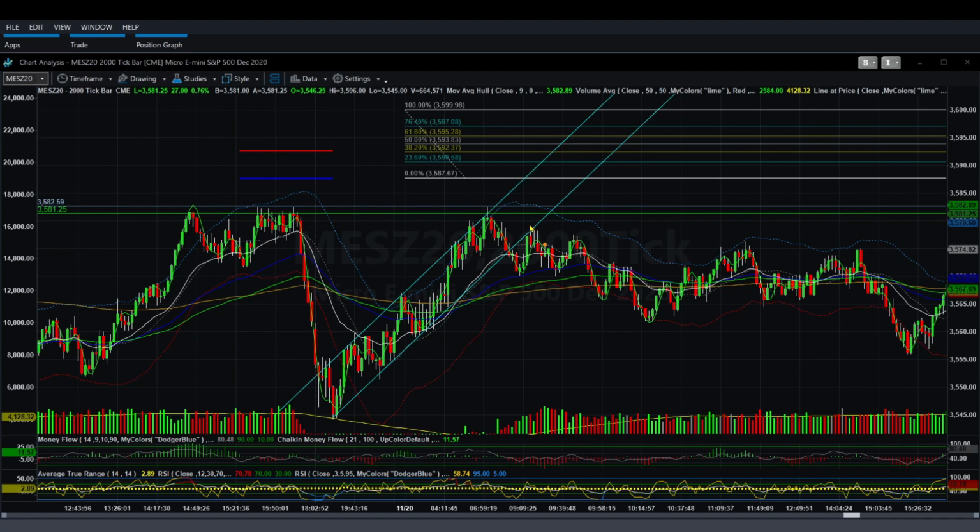We have like 3 or 4 things, and I always look for the confluence of several factors or several signs or signals that tell me that I can take the trade with high probability. If I have only 1 or 2, I usually won't take the trade. I wait for more confirmation.